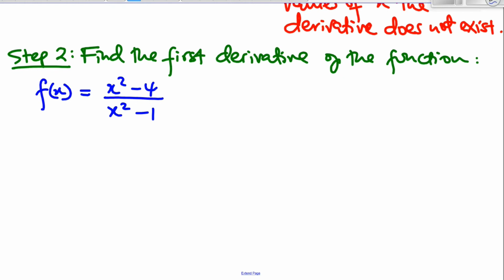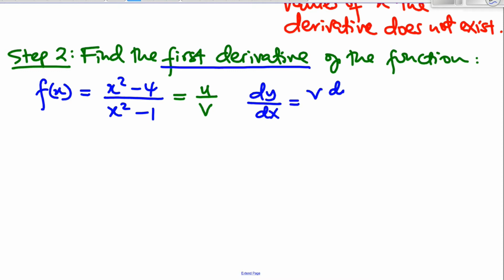So, to find the first derivative of this function, we need to differentiate it, which means I'm going to use quotient rule. Now we know that quotient rule states that if y is equals to u over v, dy over dx will be equal to v du over dx minus u dv over dx, over v squared.